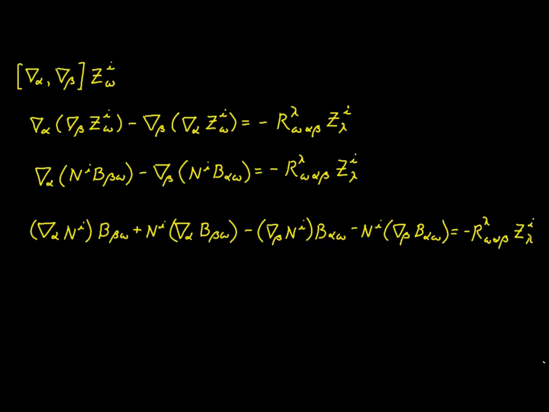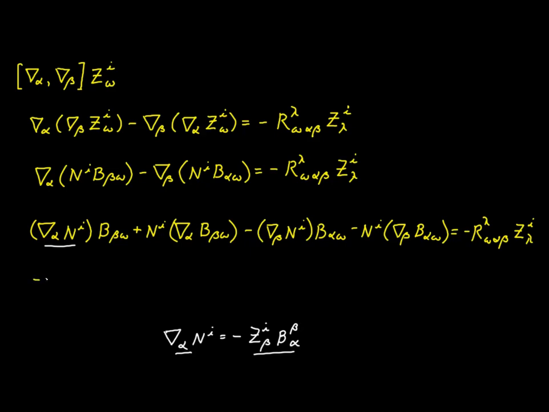Referring again to video number 74, we have Weingarten's formula, and that was the covariant derivative with respect to alpha of our normal component N i is equal to the negative value of our shift tensor Z i beta contracted with our curvature tensor with an index in the upper position and the lower position like this. So what we can do is to replace this expression here with this, but I'm going to have to use a different letter than beta because beta is already in use, so I'll use lambda instead.